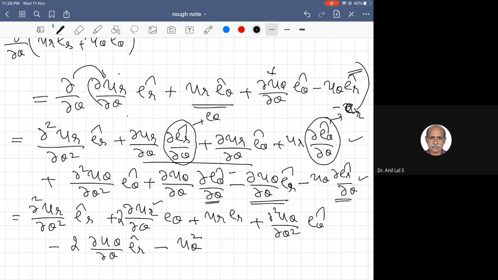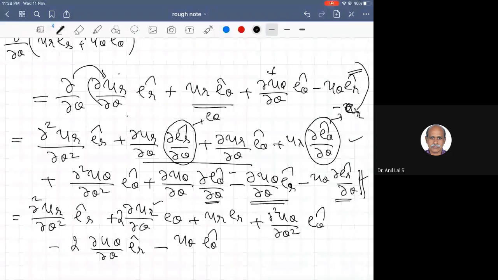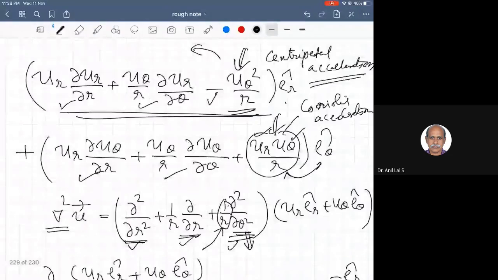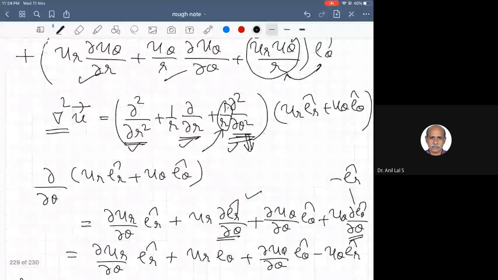And then you also have u theta into dou er by dou theta, which is e theta. So that is it. Actually this is not 1 by r but 1 by r squared.